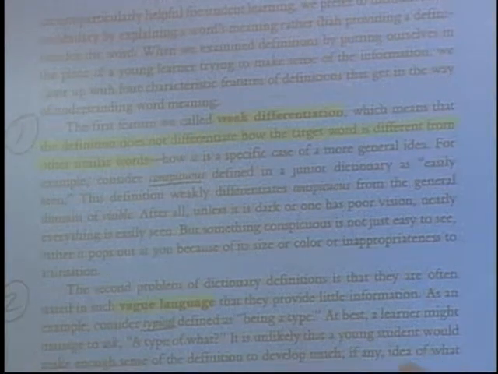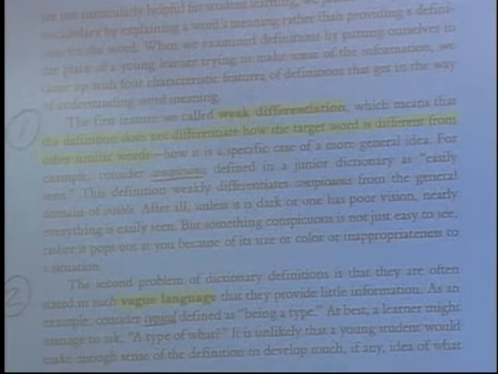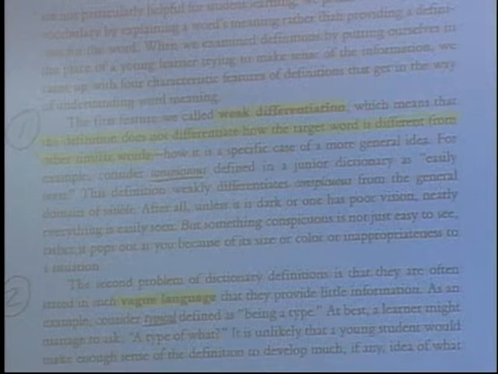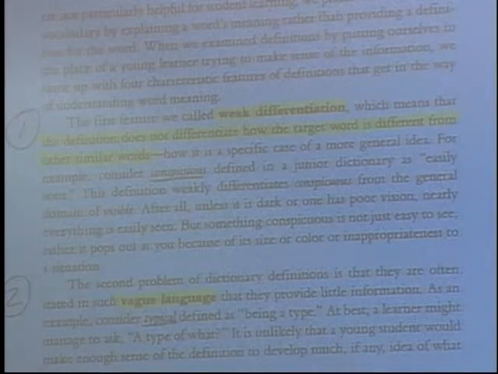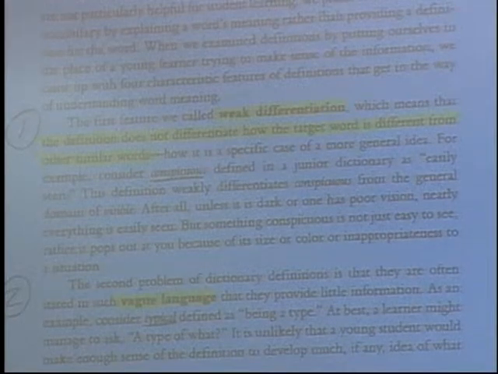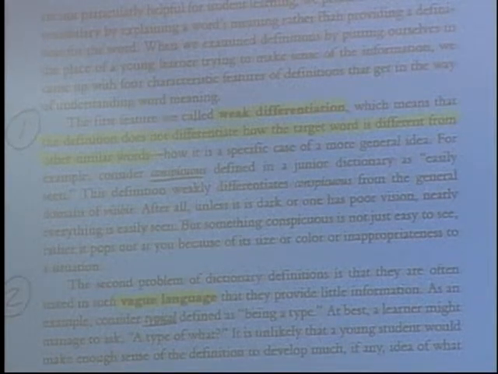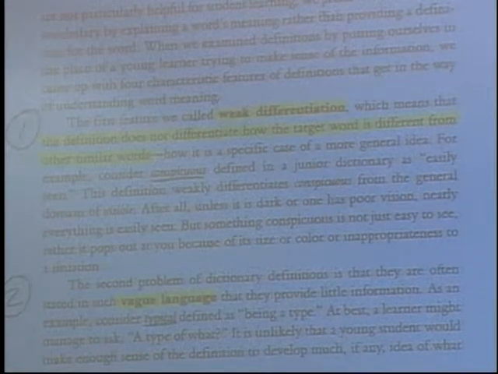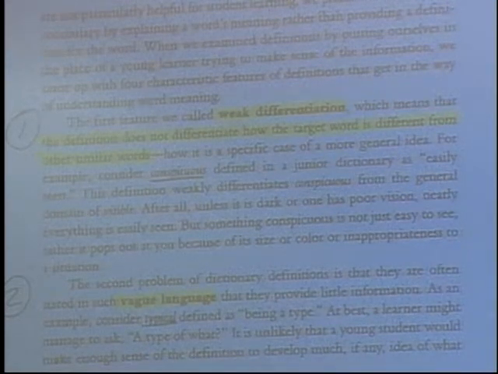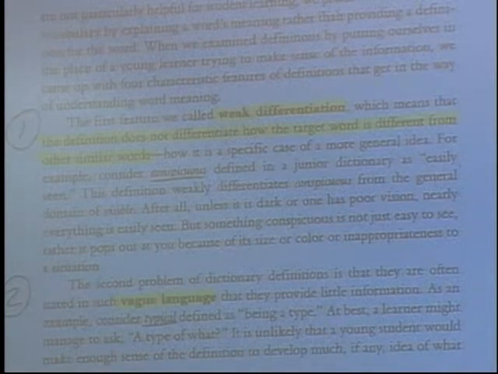Using "be a type" to define the word typical. That's really not the way we use that word, is it? The word typical. Really isn't. So the definition being a type is definitely vague language to students. Okay? That is certainly not a student-friendly definition.